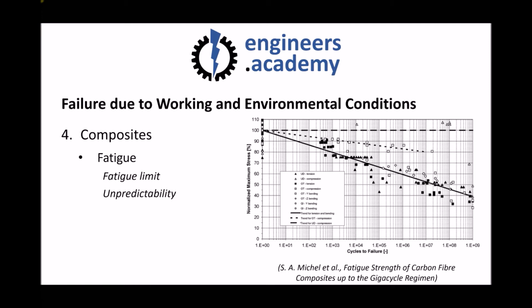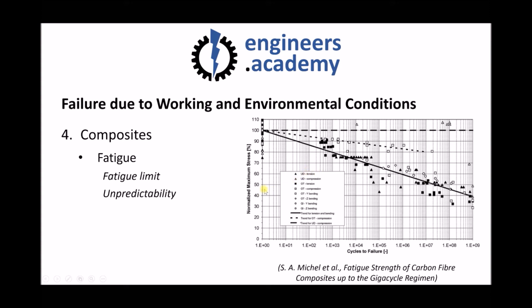Now perhaps more importantly, what you'll notice is the unpredictability of these results, and I'll give you some specific examples. At a stress level between 40 and 50% of the failure stress for this particular sample during testing, what we notice is a very broad spread of data. And what we're going to look at is the black triangles, which represent tension or failure due to tension.